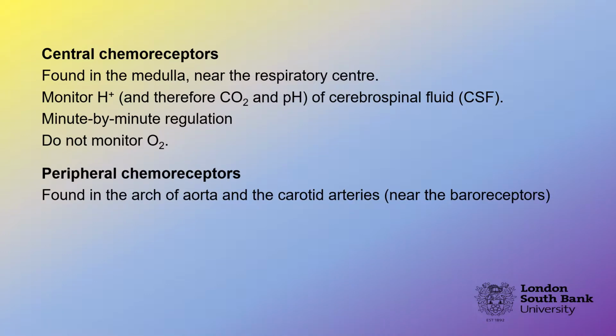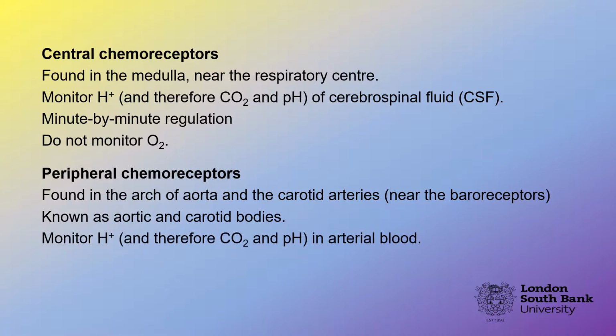The peripheral chemoreceptors are found in the arch of the aorta and in the carotid arteries, in the carotid sinuses, so very near to the cardiac baroreceptors that monitor blood pressure. They are known as aortic and carotid bodies, depending on where they are. These monitor H+ and therefore CO2 and pH, but they monitor it in arterial blood.